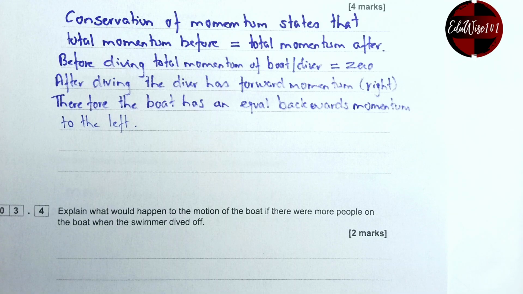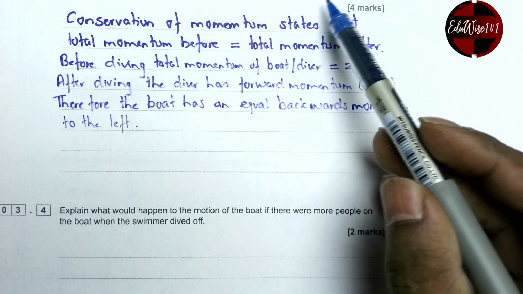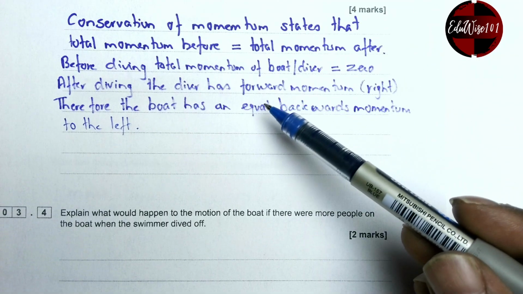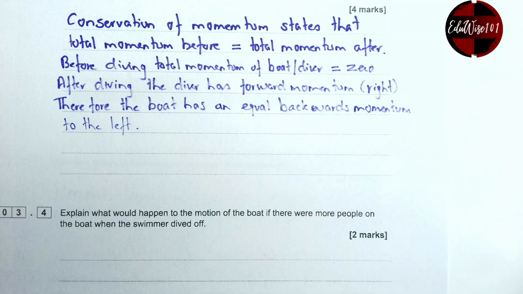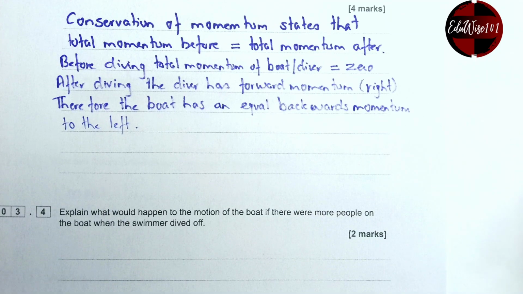So the reason the boat moves backwards is because the diver is moving forward, the boat has to move backwards in order to balance the momentum produced by the diver.